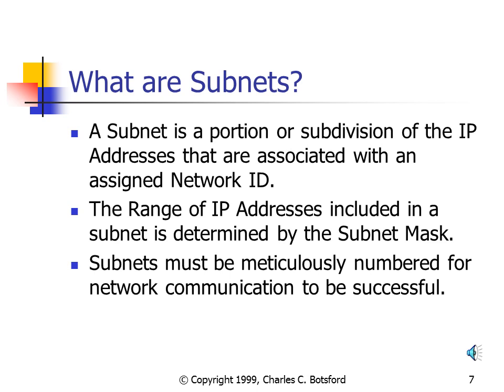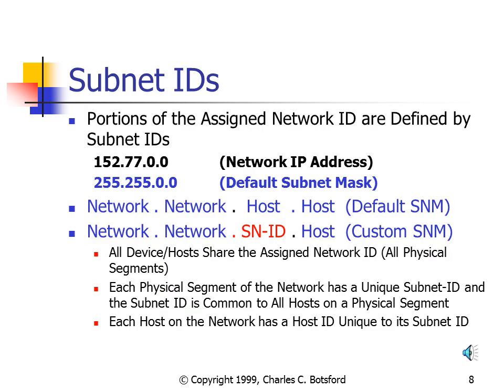When we start numbering our addresses, the subnets and the associated physical segments must be meticulously numbered, otherwise network communication will not be successful. To properly address our IP networks, we'll need to create a separate subnet or range of IP addresses for each physical segment. We will specify these different subnets with a subnet ID.